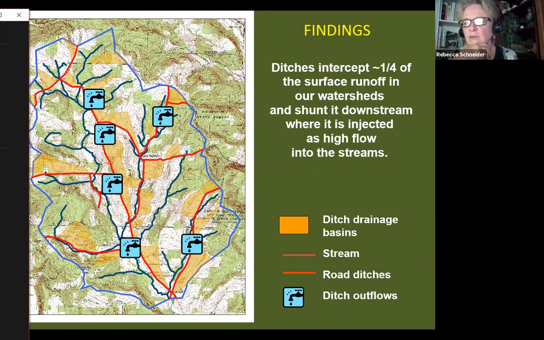In the left side middle of the plot, you'll see a brown patch. The brown patch is the hill that would normally drain down to the stream, but instead all that runoff is captured by the ditch along the red line and shunted way down further in the stream channel network straight to the stream. So ditches very effectively capture a quarter of all the runoff in each watershed.